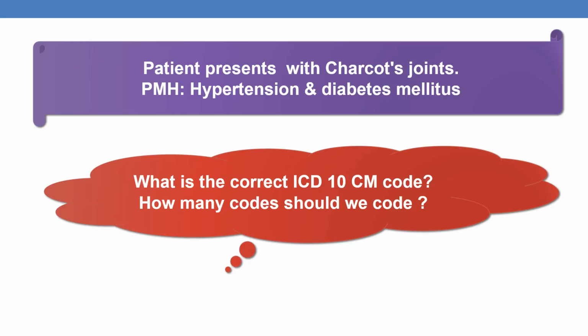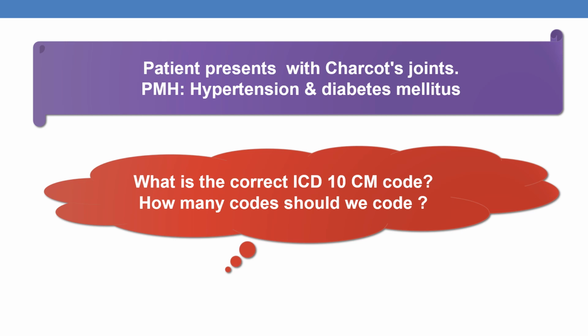Now let us see the question. Patient presents with Charcot's joint. Patient comes to a podiatrist with Charcot's joint. Here the physician did not mention diabetes mellitus in the first sentence. But in the past medical history, if you refer to the medical record, it is indicated that the patient is both hypertensive and diabetic, because the past medical history indicates hypertension and diabetes mellitus.